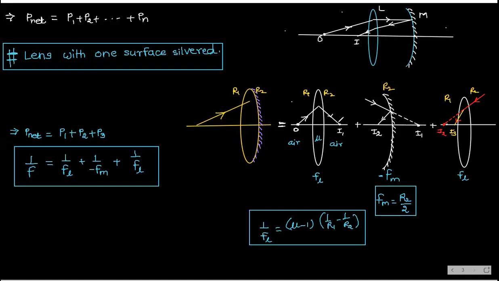Understand? Here, all these three diagrams are just a combination of rays. Just a ray is coming and giving an image due to the lens. Okay, sir.